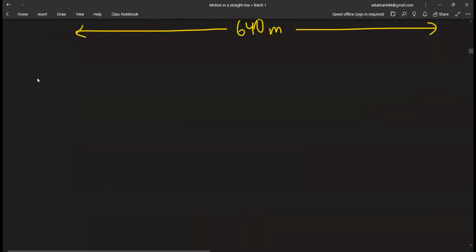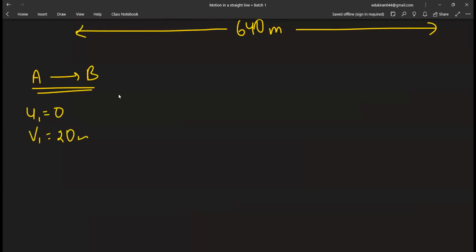So in this A to B part, the initial velocity for us is 0. The final velocity is 20 meter per second. Class, pay attention in this question because the rest of the questions are similar to this one. And time is given as 10 seconds. So for acceleration, let us use the first equation of motion.